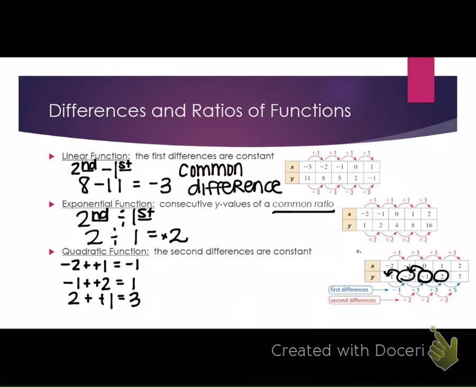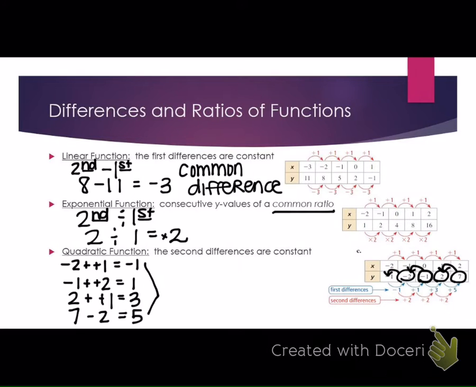Then 7 minus 2, because we go to the next term and subtract the term in front of it, is 5. Do you see how these numbers match the first differences? There's your -1, your +1, your +3, and your +5.